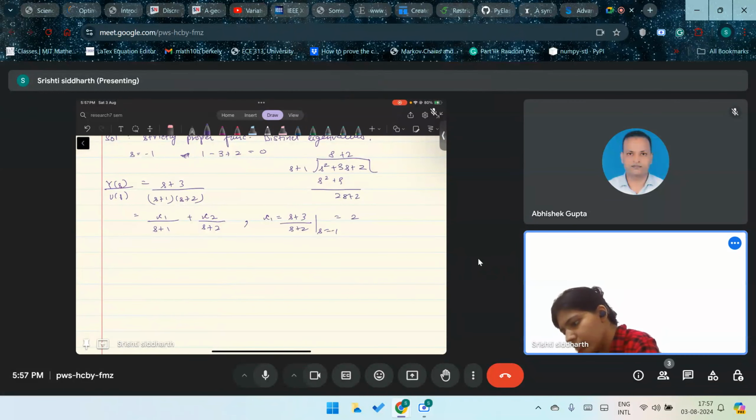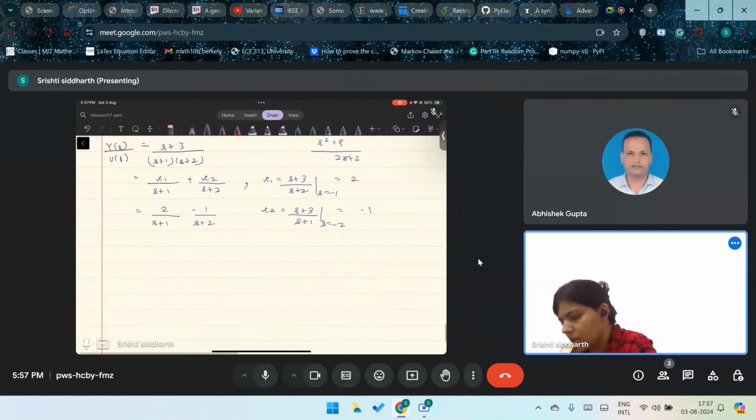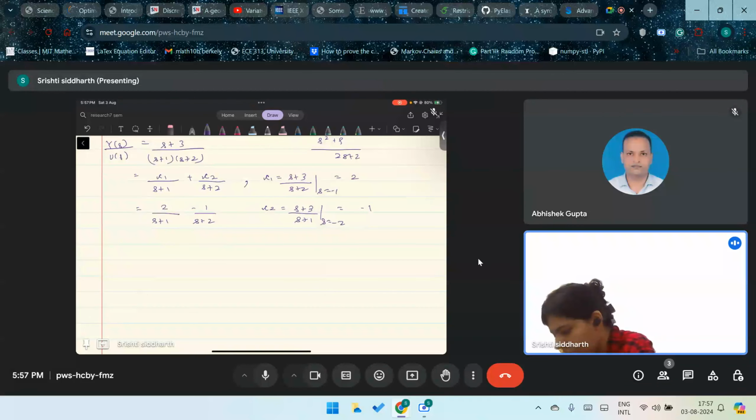This is 2, and c2 is (s plus 3) over (s plus 1) evaluated at s equals minus 2. So we have minus 1. Now this can be written as 2 over s plus 1 minus 1 over s plus 2. So you know what c1, c2 are.